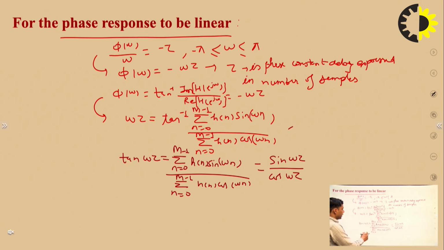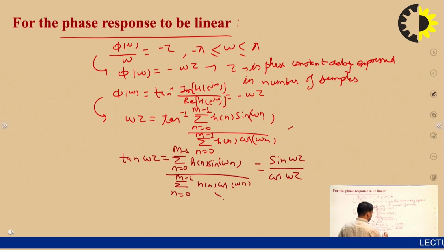So the equation now becomes the summation of h[n] sin omega n divided by the summation of n equals 0 to M minus 1 of h[n] cos omega n. This is another equation we create here. Now we can make a cross multiplication.